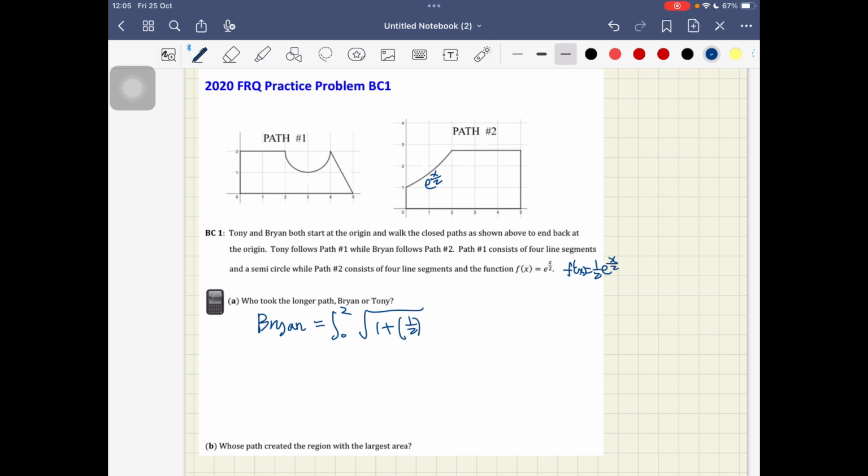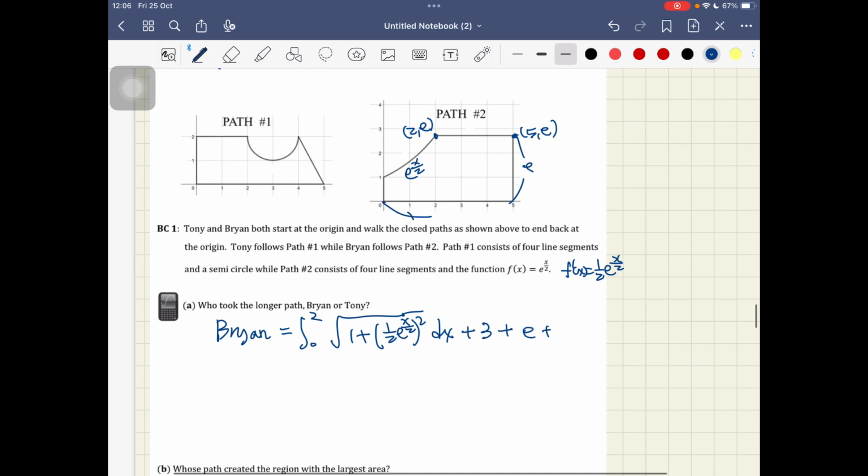So 1 over 2 e to the power of x over 2 squared dx, plus from 2 to 5, this one is 2 comma e, this is 5 comma e, so this height is e, and this is 5 minus 2, which is 3.